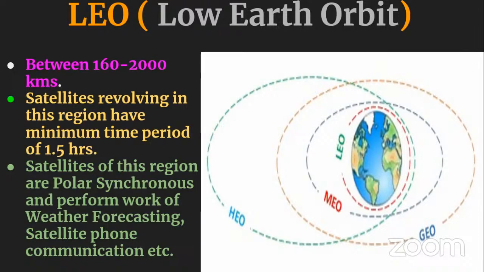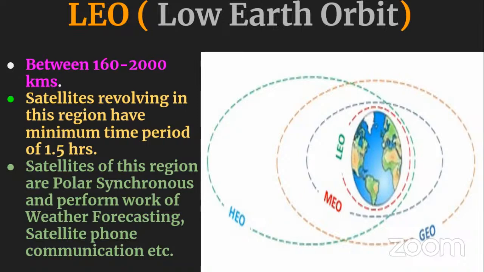Now, the polar synchronous satellites, or the satellites revolving in LEO orbit, are near the Earth. And if you talk about the geo orbit, if you remember that animation, the geostationary satellite was at a very high distance as compared to polar synchronous. Since geosynchronous was at a very large distance, as per Newton's law of gravity, as distance increases, gravitational force decreases.